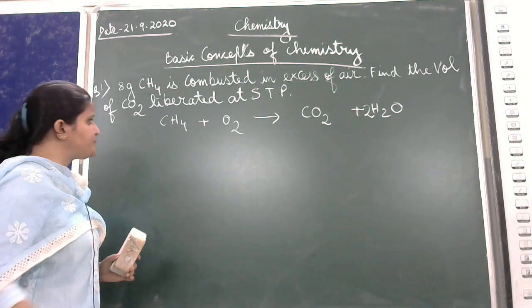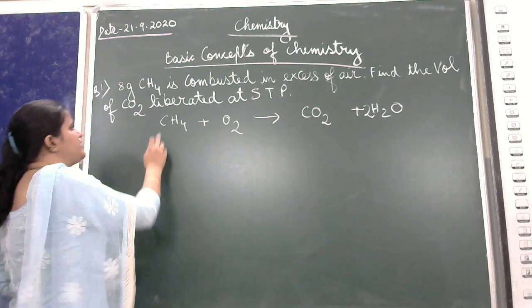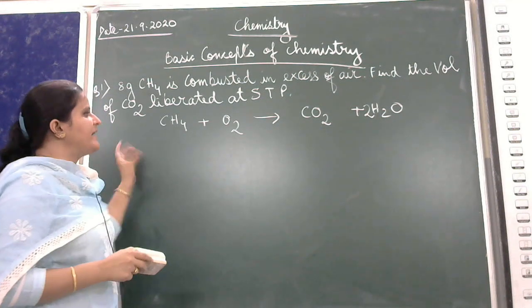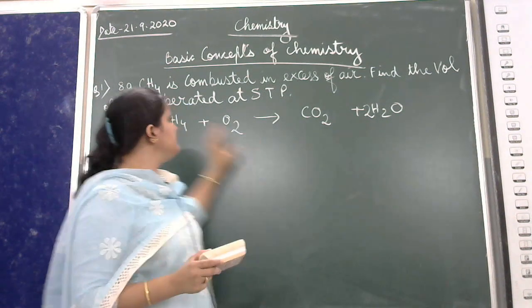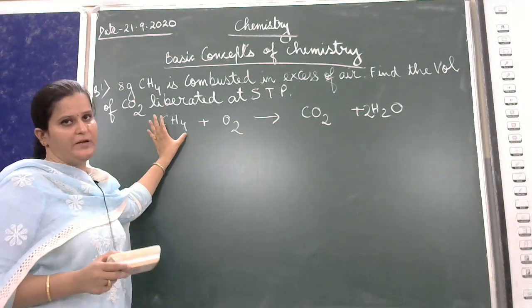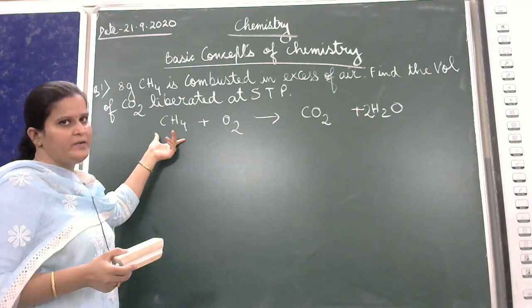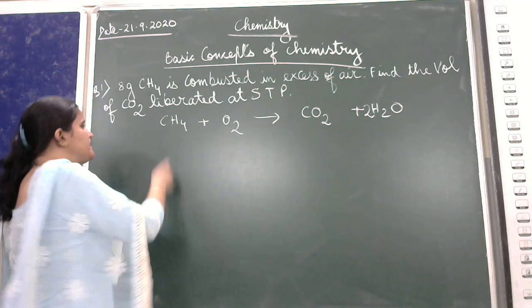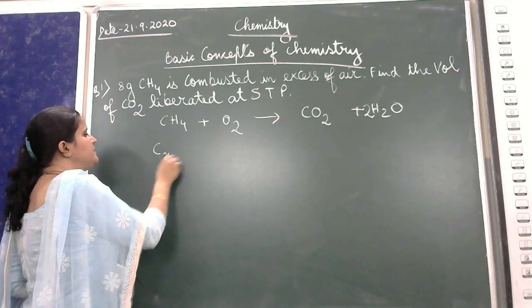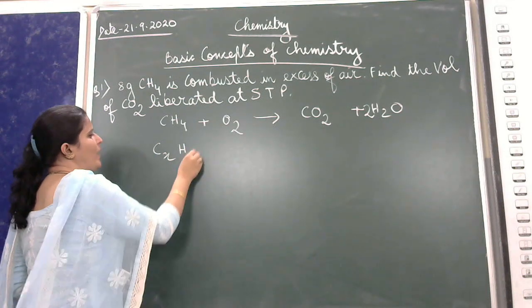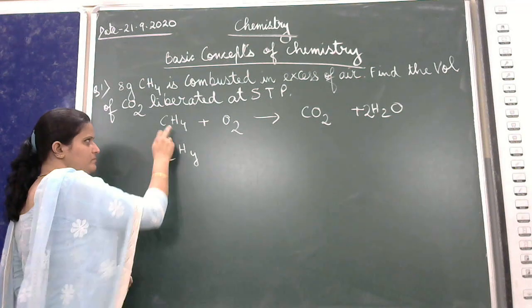Okay? And one more thing I will teach you here itself. See, I am writing a general formula that will help you to balance the combustion of any hydrocarbon given. If they ask you, using this general formula you can balance. And what is the general formula? CxHy, this is the hydrocarbon.